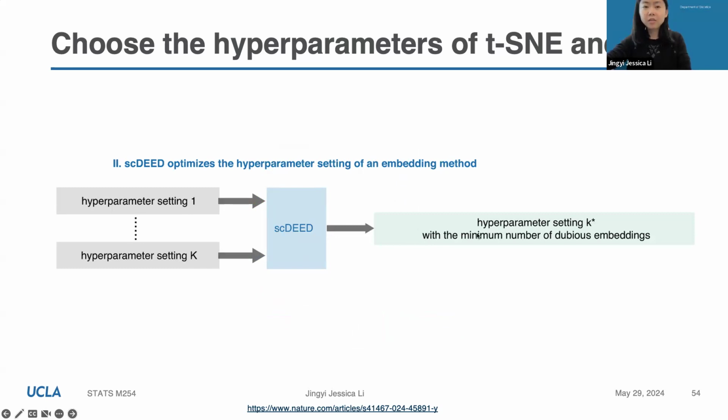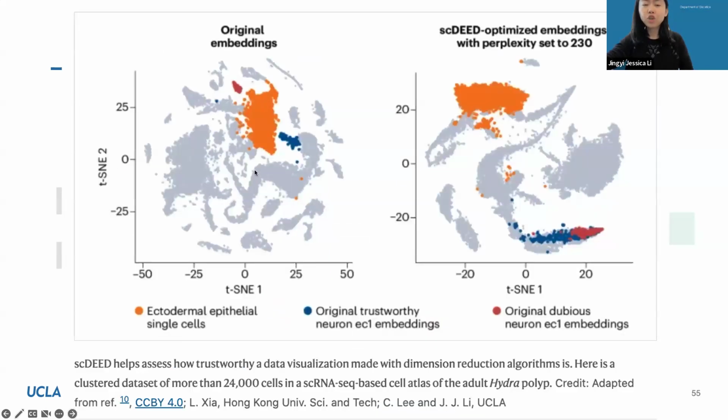Okay, so this is one example showing that in this original Science paper on the species Hydra polyp, it has the single cell RNA-seq data for the first time. And in the original paper, we see that these three clusters have this kind of positioning.